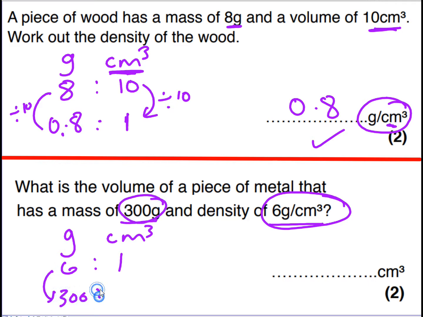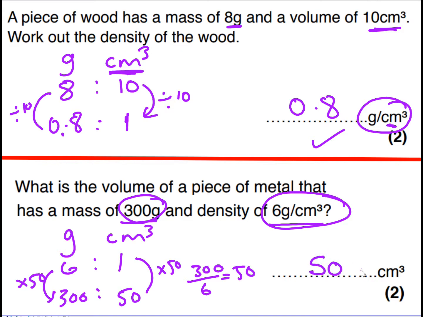So to find our scale, divide 300 by 6 to get 50. So 6 has been multiplied by 50 to give us the 300. Multiply this by 50, and it tells us that in order to get 300 grams in weight, we need 50 centimetres cubed for our volume. And this keeps our density at 6 grams per centimetre cubed.